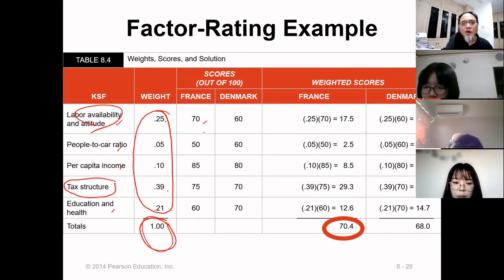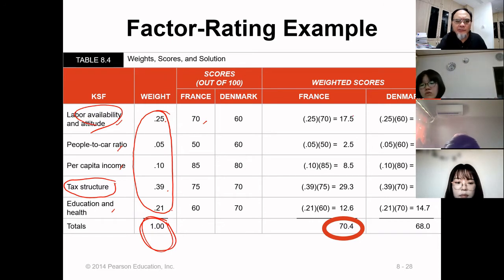And the scores are given by experts, someone who actually knows about both countries and can make the scoring. They say France is 70, Denmark is 60. What you do is multiply the score by the weight for each factor. For example, 70 times 0.25 gives you 17.5, 5 times 0.5 gives you 2.5, and so on.